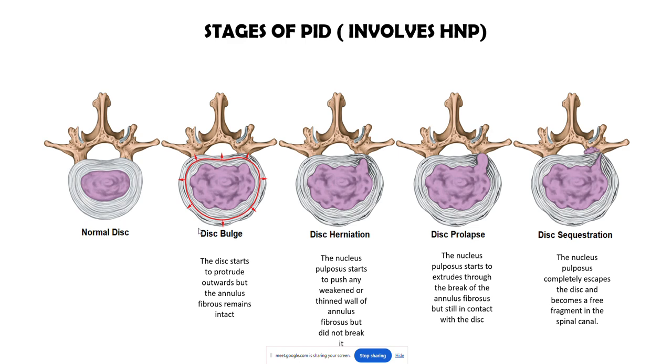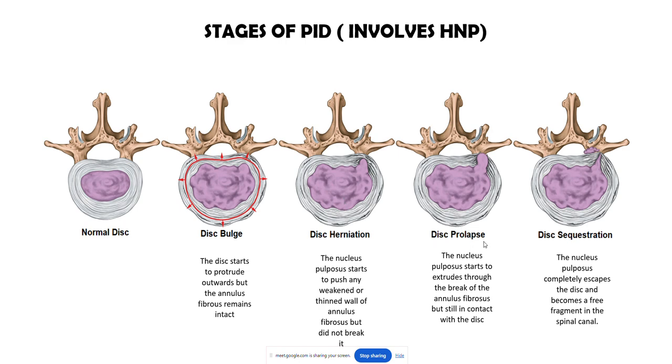This one is the stage of the bulging of the disc, but the nucleus pulposus is still intact in the disc. In this herniation, the nucleus pulposus starts to push against the weakened or thin wall of the annulus fibrosus, but the wall did not break.